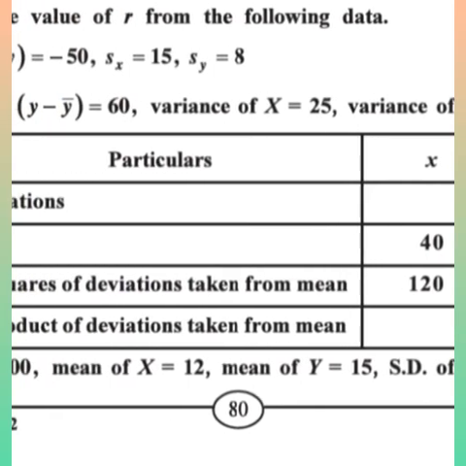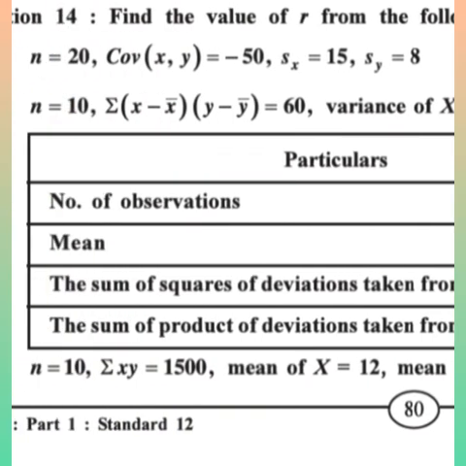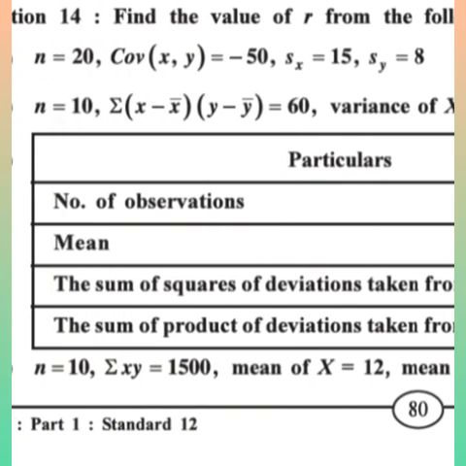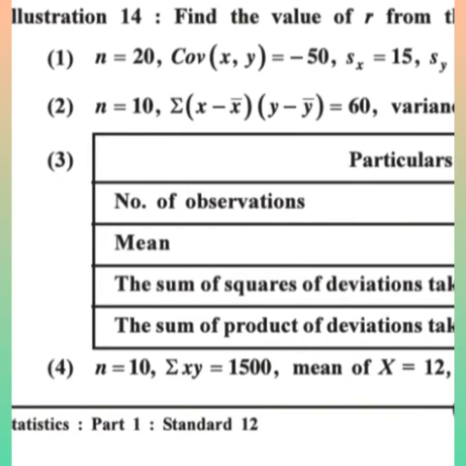Because we have sx, sy, n, and sigma (x minus x bar)(y minus y bar), the formula for r that can be used is sigma (x minus x bar)(y minus y bar) whole upon n into sx into sy. That is the formula we can use in our second sum.